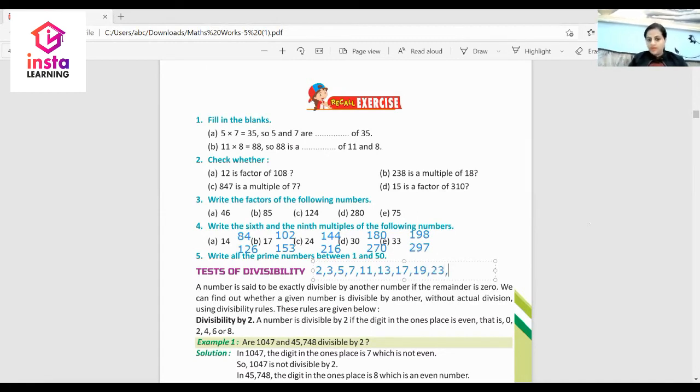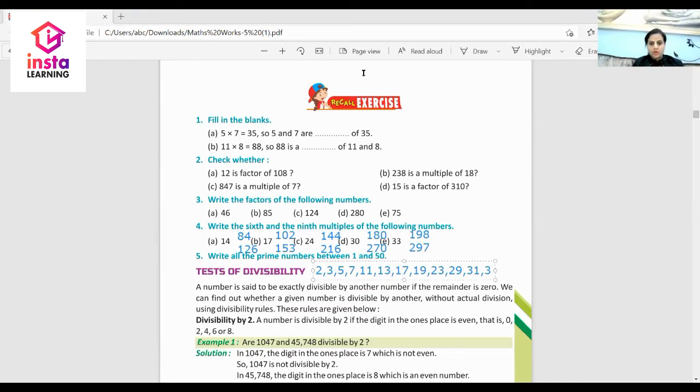We have to keep it till 50. Then 29, 31, 37, 41, 43, 47.